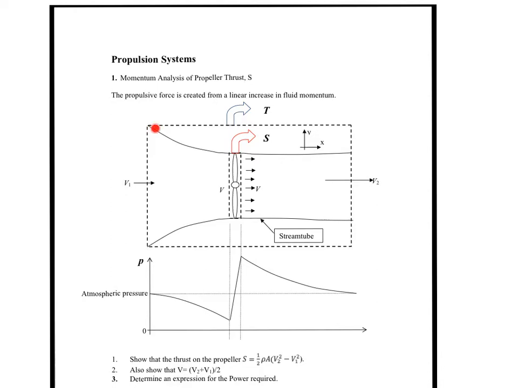The first streamline and the second streamline both bound the propeller, which is located in an inner control volume.